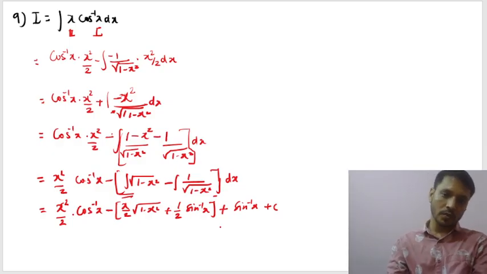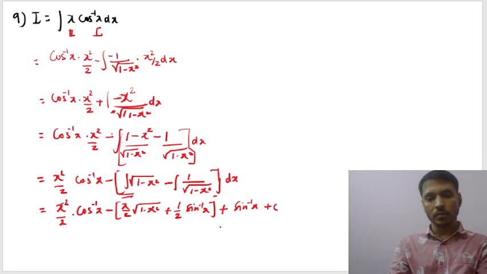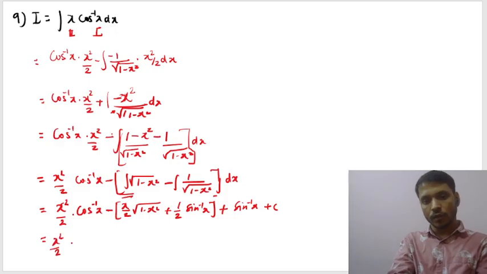Here we are getting actually the sine inverse x. We can convert the sine in terms of cos, and we can write our final answer in terms of cos. So we will simplify this first, meaning we can rewrite this as equal to x square by 2 cos inverse x.